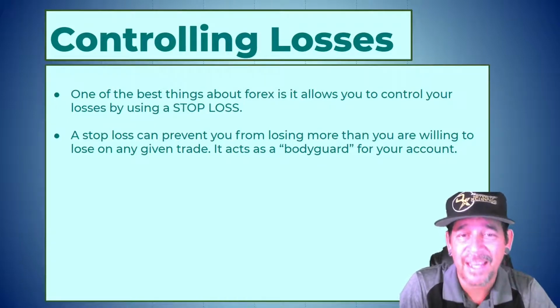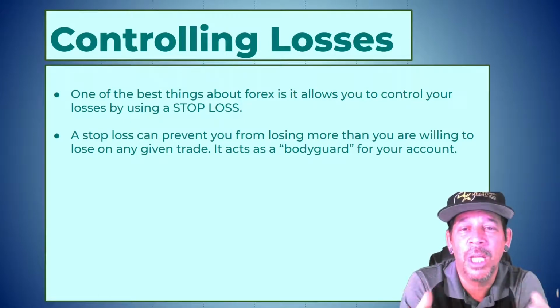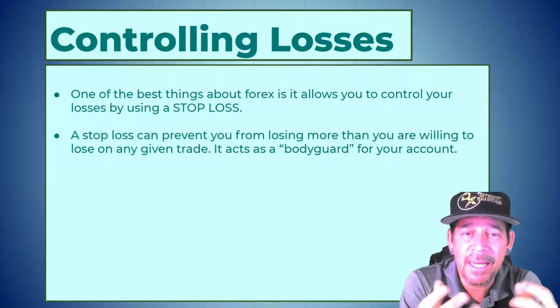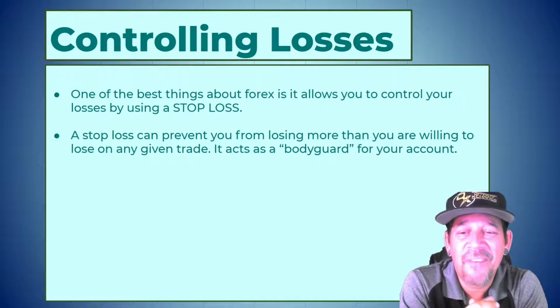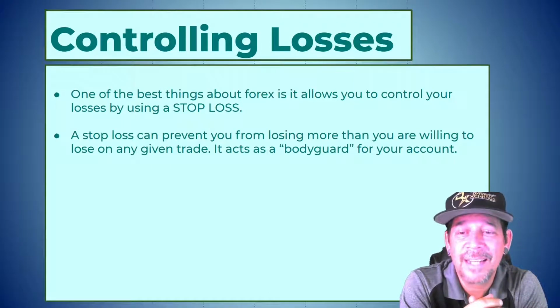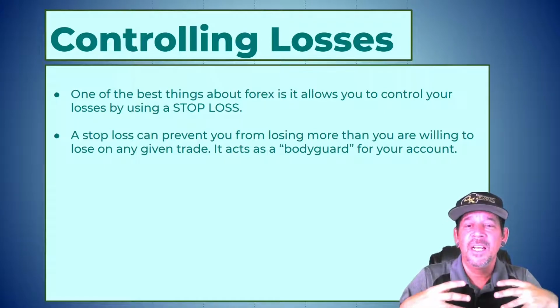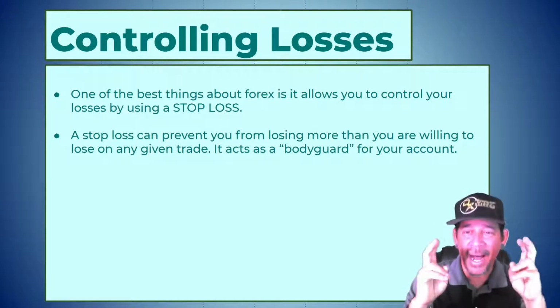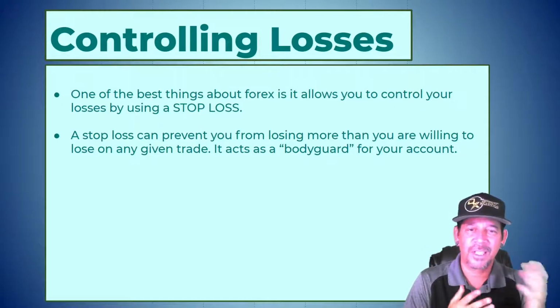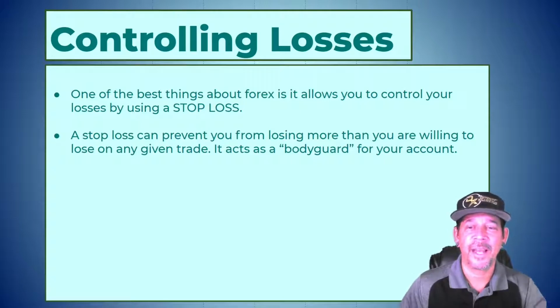If you never come back and the market goes really against you, you can end up blowing your account. Meaning, you can turn your $5,000 account into a couple of hundred, and you don't want that to happen. So you want to initiate that bodyguard, or stop loss, to protect the funds that you have in your broker account.